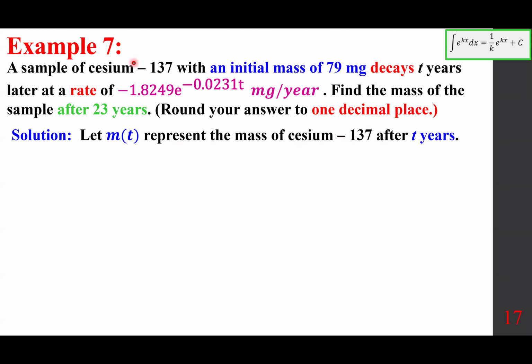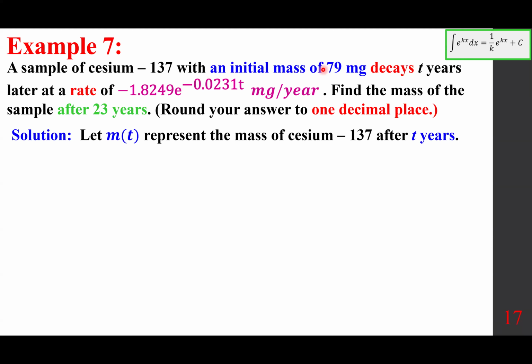Cesium-137 is a radioactive substance. Then what is given here is dm dt, m prime of t. So dm dt is this.